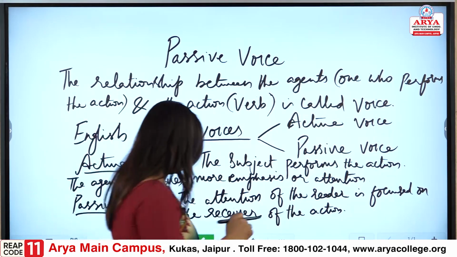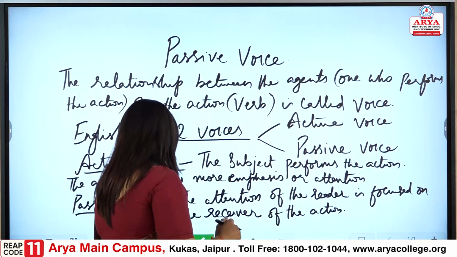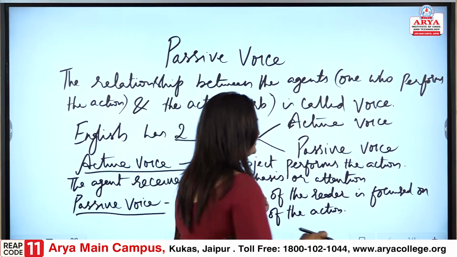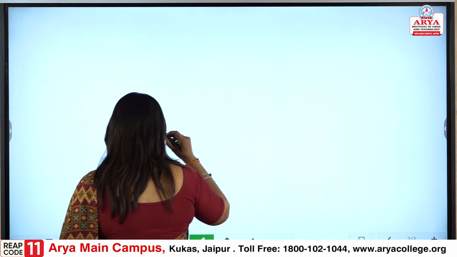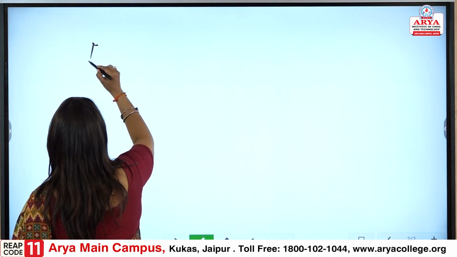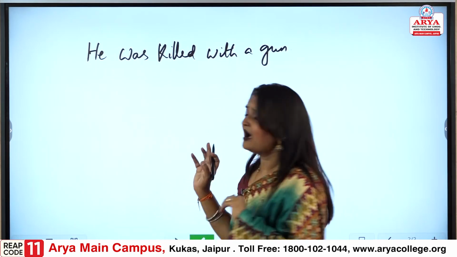But before that, let us understand some more things with an example. In passive voice, let us take this example: he was killed with a gun.